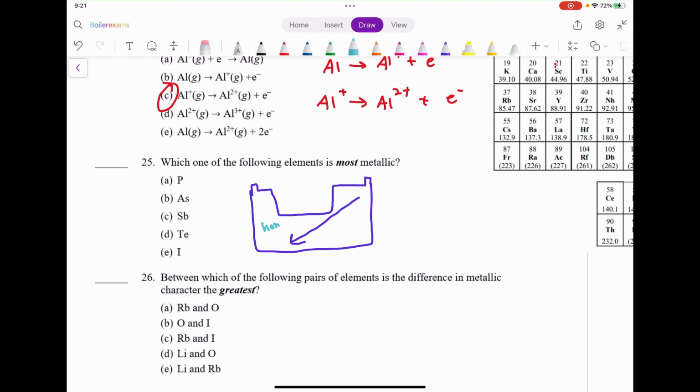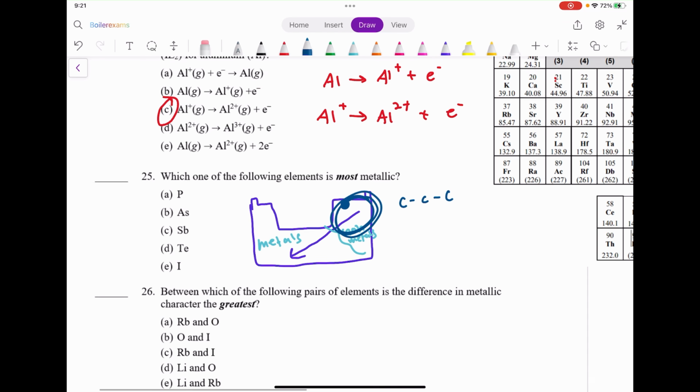These are the metals over here in this region, and then these are the non-metals. So it makes sense that it would trend that way. Also, if you think about it, a lot of, by definition, organic stuff is carbon based, and carbon is right there, so it's going to have a very low metallic character. Everything up here is going to form covalent bonds.